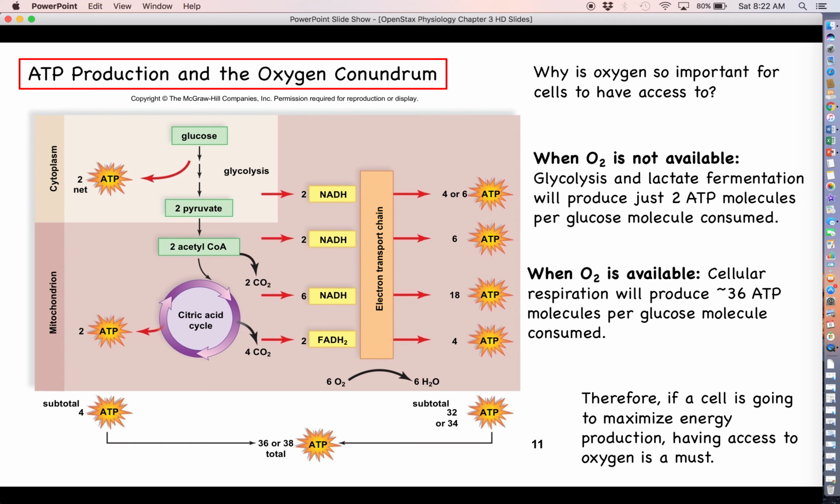Your brain and your heart are perfect examples. They are very energy-demanding tissues, so it makes sense that they cannot tolerate being without oxygen. That's why strokes and heart attacks are such big deals. They need that 36 ATP per glucose because they really do require that much energy.